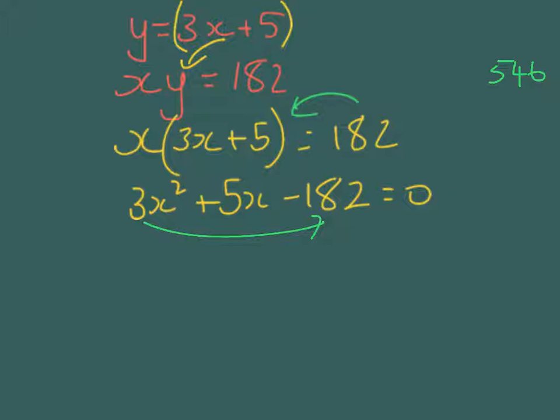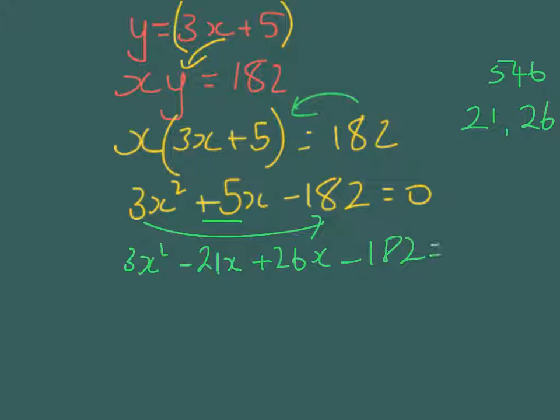Then I look for the factors of 546 that, if I add or subtract them, get me positive 5. Going through the factor pairs of 546, the two that come to mind are 21 and 26, because there's 5 difference there. So I write this out: 3x squared minus 21x plus 26x, because both of those add to 5x, minus 182 equals 0.